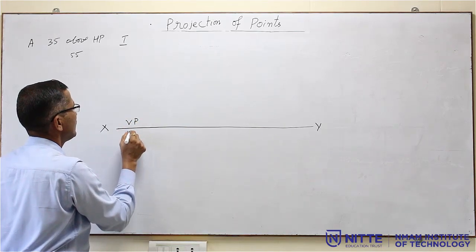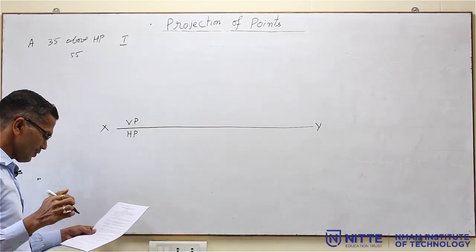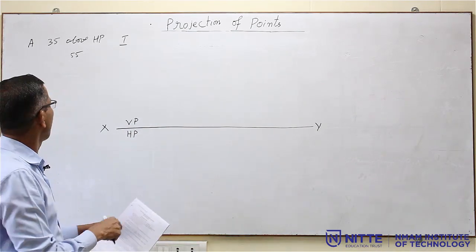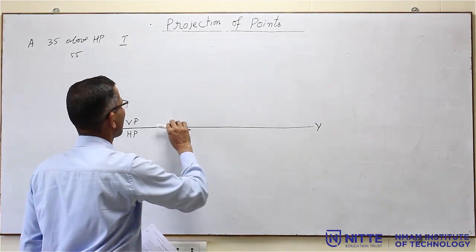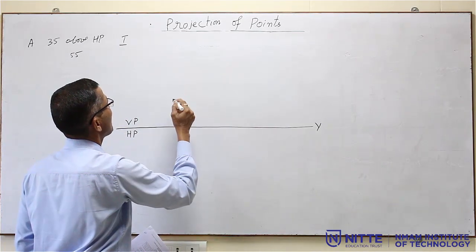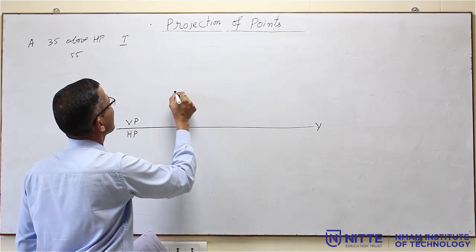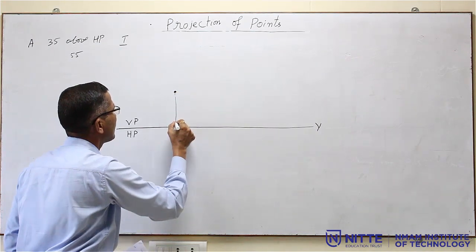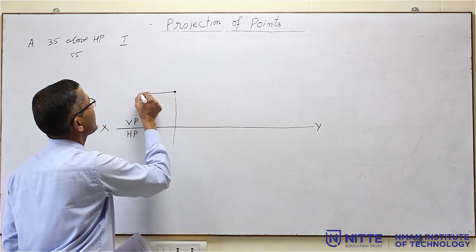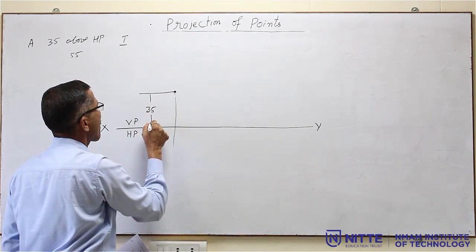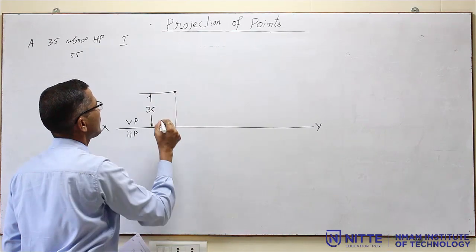VP, HP, and the point is 35 above HP. So, from here you measure a distance of 35 mm and mark a point. So, this distance is 35 millimeter.